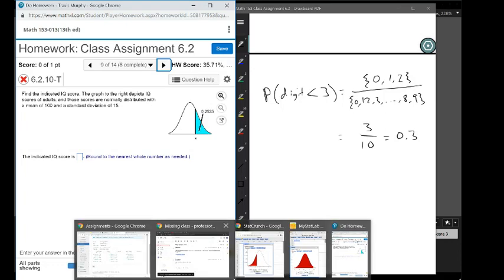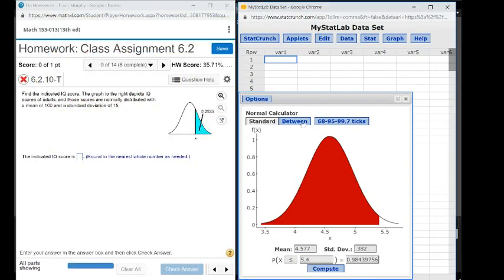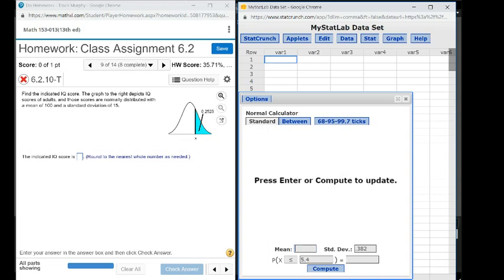So let's go to our normal calculator. We know the mean is 100 and the standard deviation is 15. So what x value corresponds to this? Well, that's an area to the right of the x value.